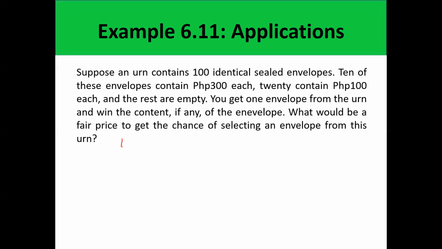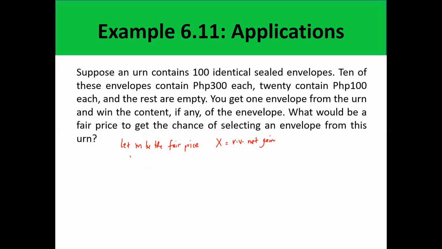So let us let M be this fair price. So M is the fair price of the envelope. And then X is the random variable representing the net gain in this scenario. So the net gain is obtained by subtracting the fair price from the amount of winnings.